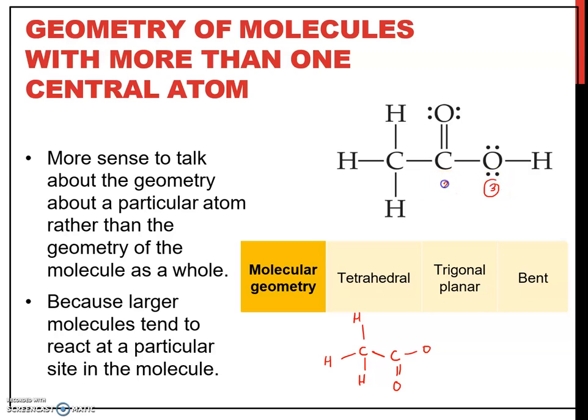Next central atom, oxygen, the third central atom. For oxygen, there are 2 bonding pairs here, 1 and 2, or 2 atoms bonded to the central atom, and there are 2 lone pairs.